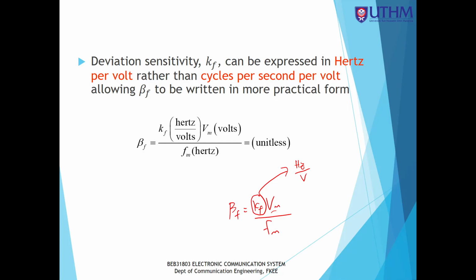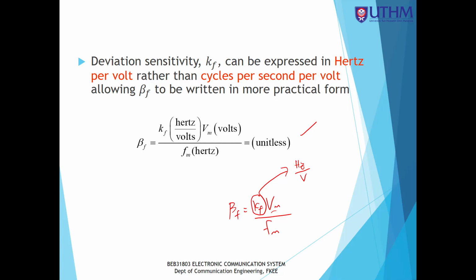For this equation, you divide the above and below by 2 pi, so that's why you get Kf in terms of hertz per volt. Most of the time in the exam we use beta F with hertz per volt. We use this parameter to calculate beta F normally in the exam. We give you the value of Kf, and then you need to find beta F.